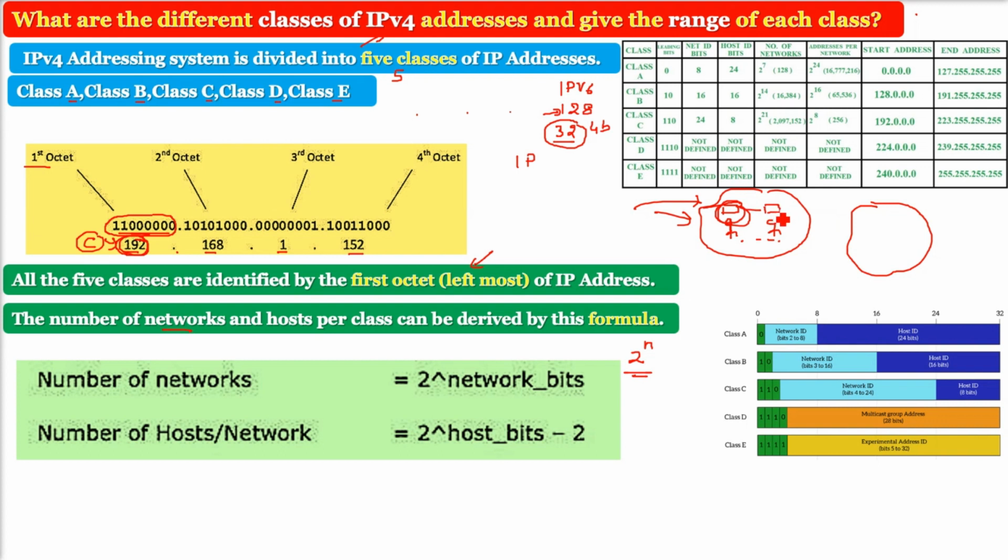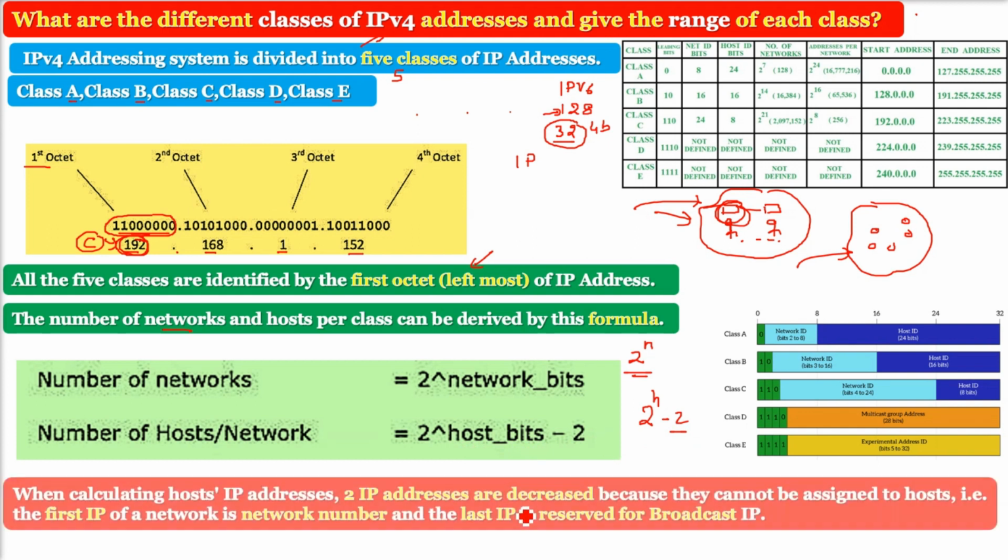That is 2 to the power number of network bits, because the 32-bit address has network bits and host bits. It is decided by the class what the number of network bits is, and the remaining are called the host bits. So the gadgets inside a network can be found out, and how many hosts can be in a network can also be found out.